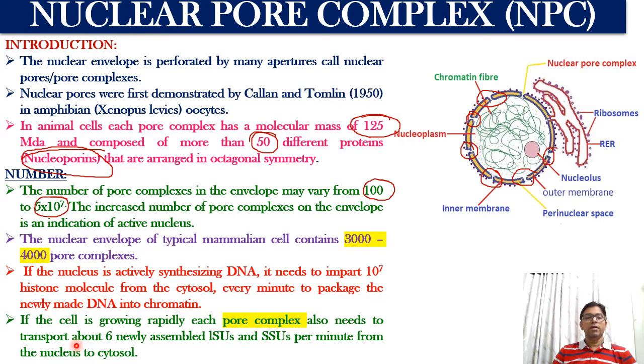Whenever the cell is growing rapidly, it needs more protein. Ribosomes are the sites for protein synthesis. These ribosomes are synthesized inside the nucleus, and they need to be transported into the cytosol where the protein synthesis is taking place.